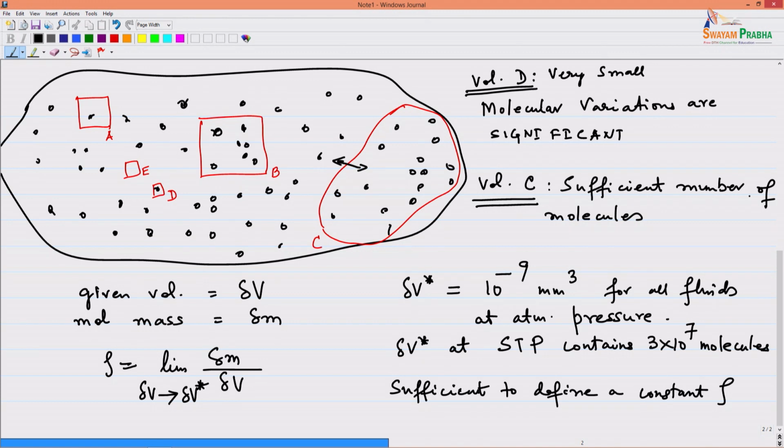Now, if I were to look at a molecule, if I want to look at this as a molecular view, right, this molecule, etc., it is going to be different, right. But now, I have said that I am going to define a domain which has a certain volume, which has a nearly constant number of molecules, in a given instant of time. And using that, I am defining a constant physical property.